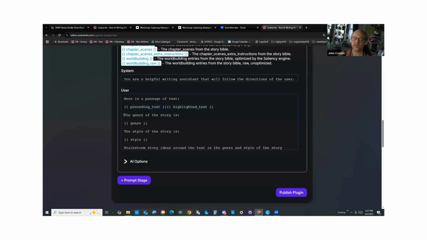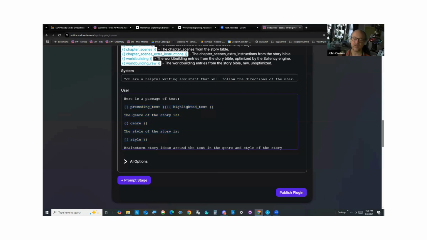So this where it says the genre of the story, that's like the label. That's saying this next little section is called genre. This next little section is called style. And so you have to call them this way at the top and then use those words, style, genre, text, in the way that you talk about this.